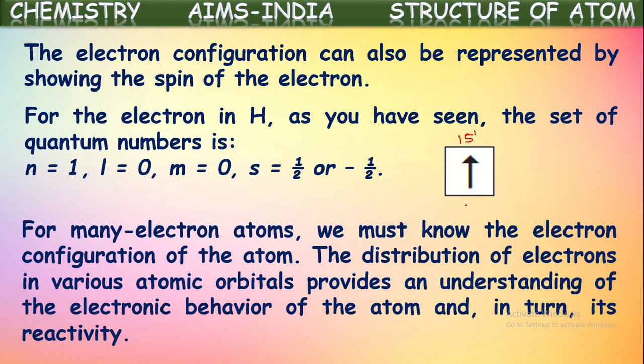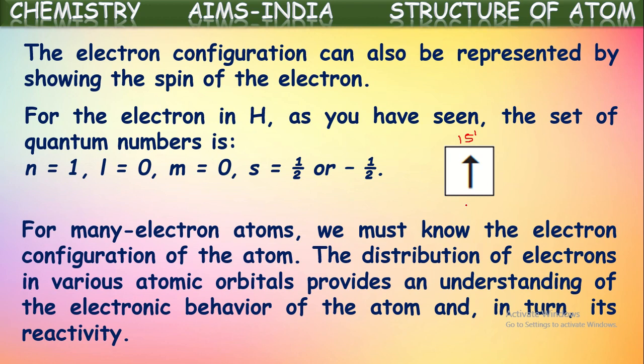For many-electron atoms, we must know the electronic configuration of the atoms. As hydrogen has only one electron, we have simply represented it here with a diagram. But for multi-electron atoms, which have more electrons, first we have to know how to write the electronic configuration. The distribution of electrons in various atomic orbitals provides an understanding of the electronic behavior of that atom, and in turn its reactivity is also known.